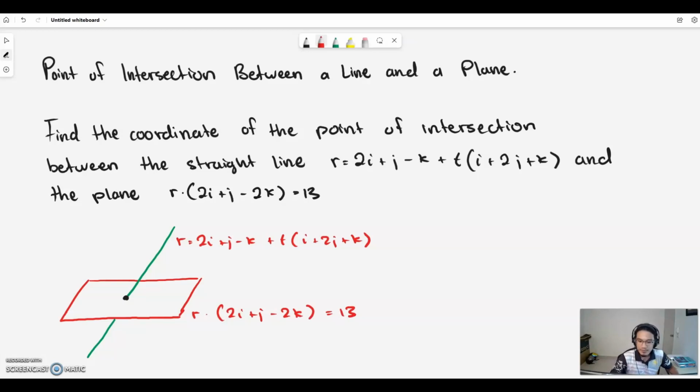Remember from my previous class that I mentioned the point R. We can assign that point R as the point of intersection between the line and the plane. So in order to find the coordinates of the point R, we just have to solve for R in the equation of the straight line. In order to solve for that point R, firstly we have to determine the value of t.